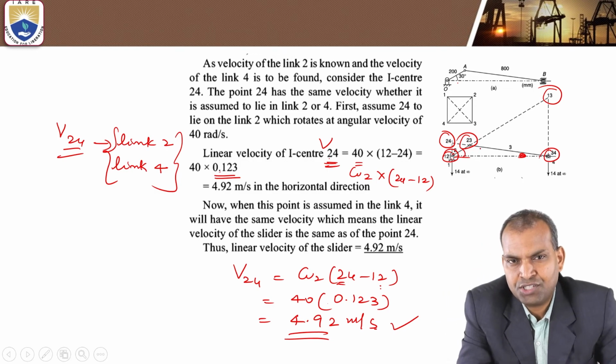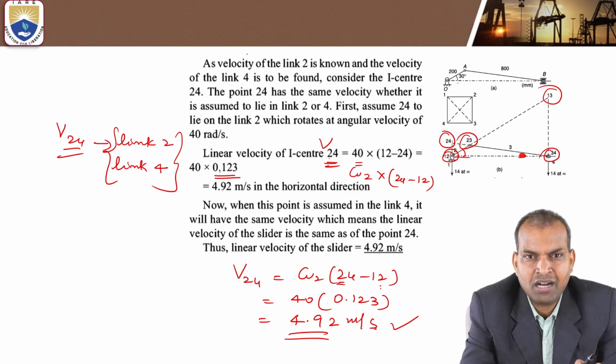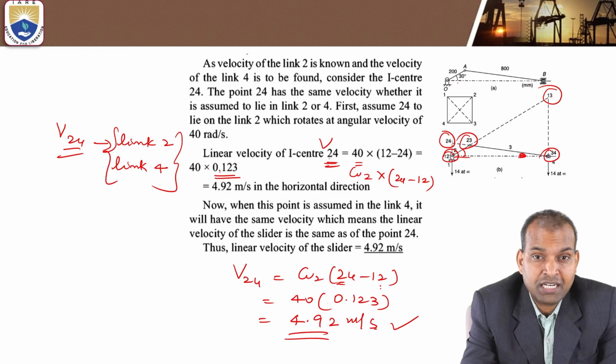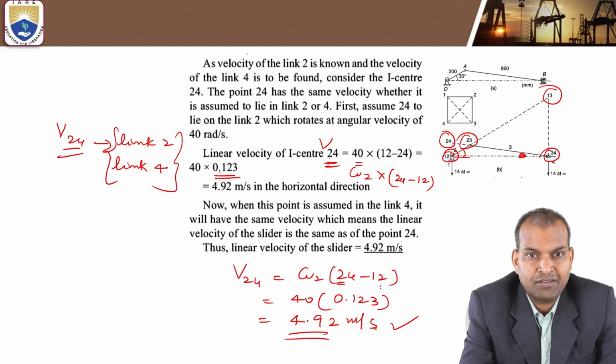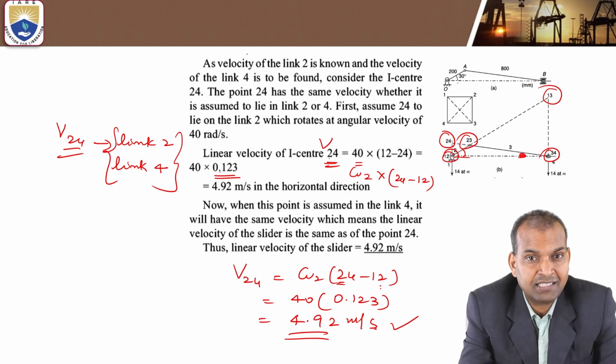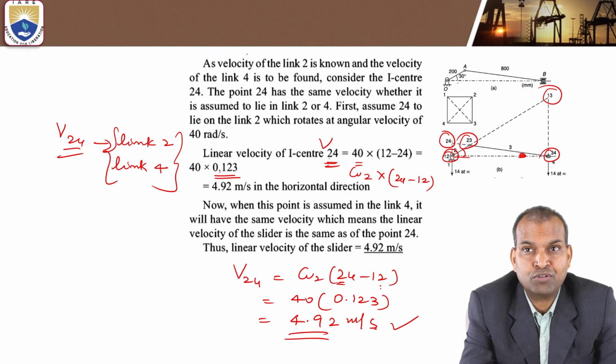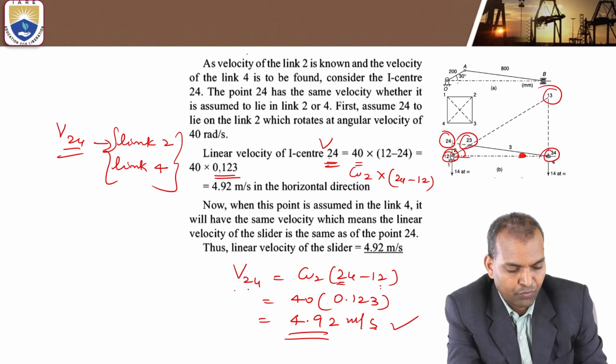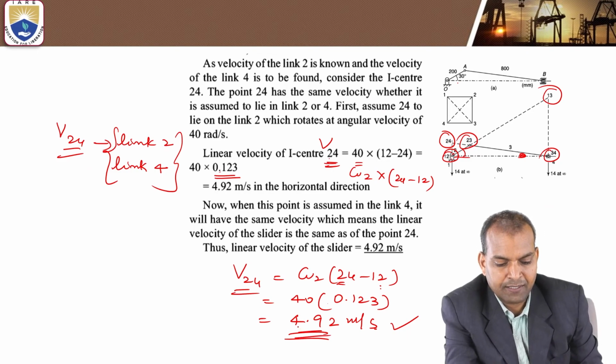That's why these instantaneous centers vary dynamically, but at a particular instant we are going to find them out. That means under static condition only you are going to find out these linear velocities. So at this instant, what is the linear velocity of link 4? That is 4.92 meters per second.